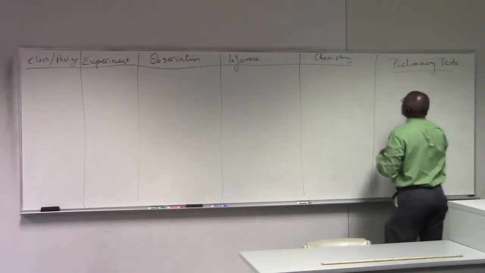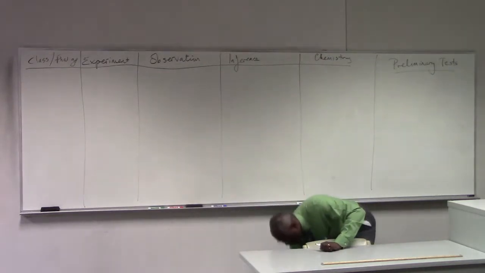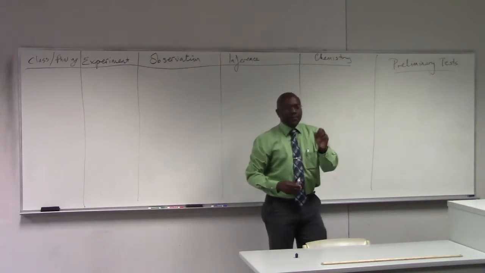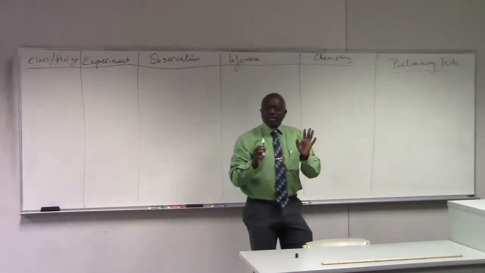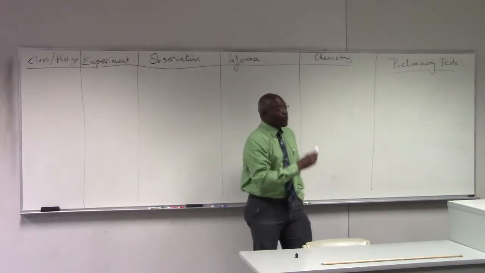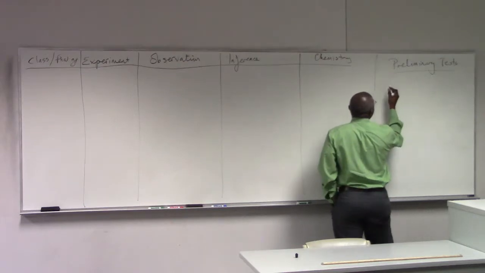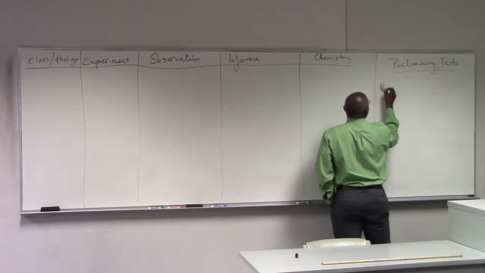Preliminary tests are usually just visual tests. And they involve observing the compound, getting a smell of the compound, and then there are some solubility ones that we will look at in some more detail. So the preliminary tests are visual.